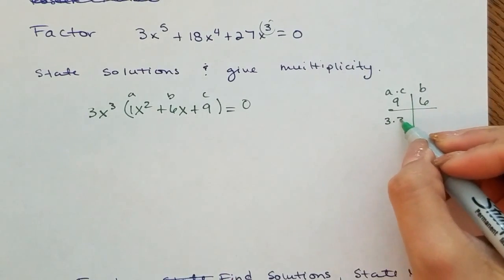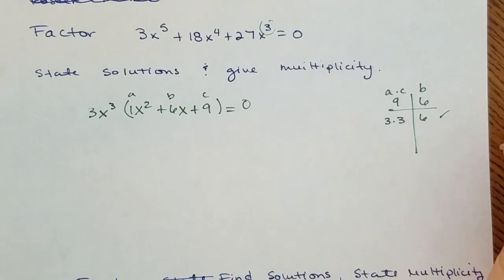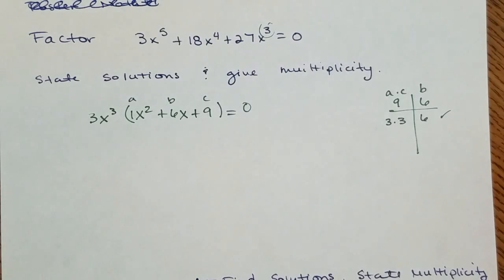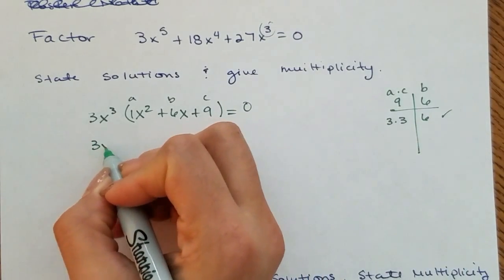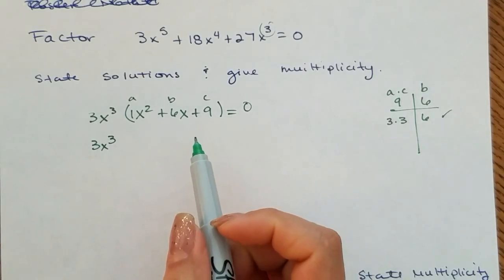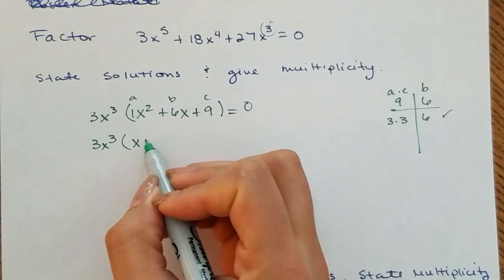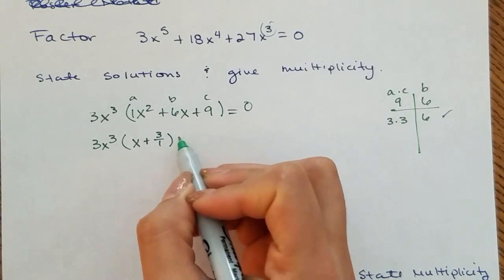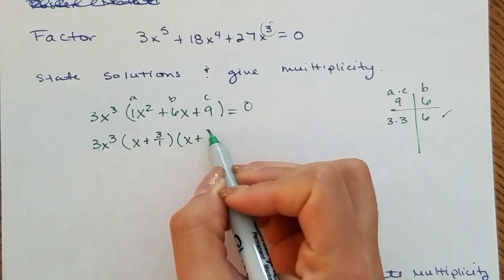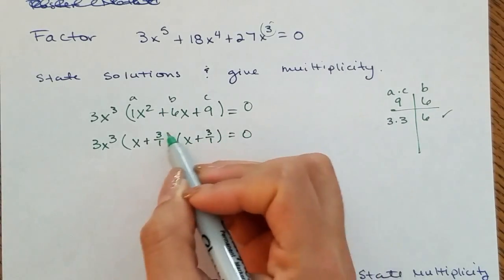So positive 3 and positive 3 give me 6. That's what I'm looking for. You can factor by grouping or by bottoms up. I'm just going to put them into the factors because it's easier. So we have x plus 3 over 1, x plus 3 over 1 is equal to 0.